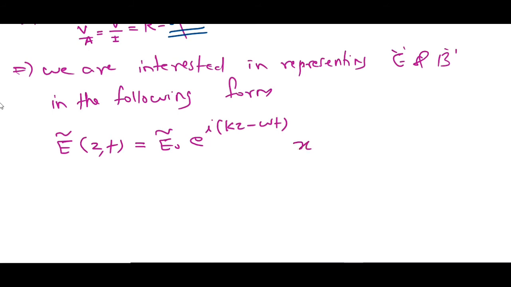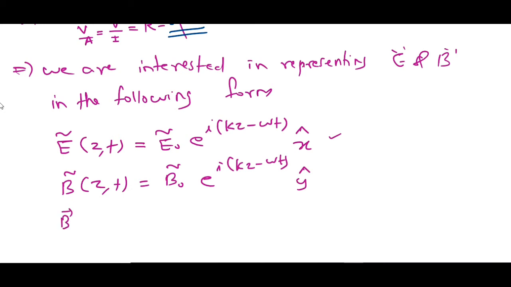We have considered this electric field is propagating. Electric field is oriented along x direction. That is, one can say the electric field is polarized along x direction. Then the magnetic field component, that was propagating along z direction, can be written as B0 complex amplitude e power i kz minus omega t. This was along y direction.